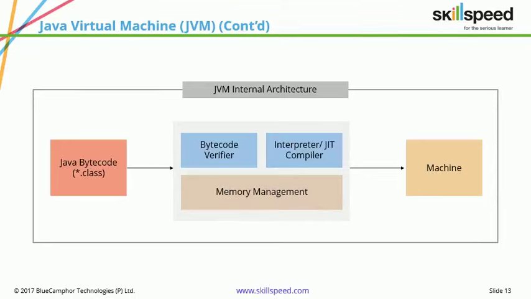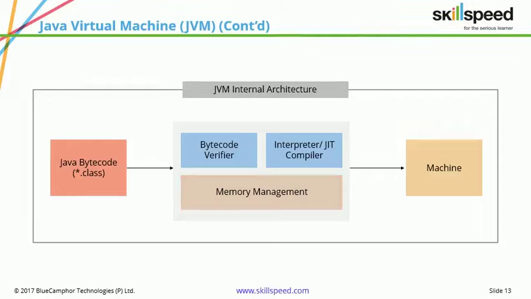Let us look at the consolidated architecture of the Java Virtual Machine. In the Java Virtual Machine's internal architecture, we have the bytecode, or the .class file, which will go to a compartment which contains a bytecode verifier, interpreter or the just-in-time compiler, and the memory management part, which you also have in the same compartment.